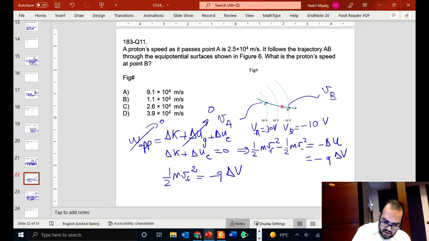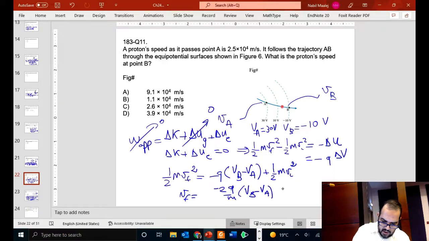and delta V is VB minus VA, plus 1/2 m v initial squared. We multiply by 2 and divide by m, so we get v final equal to the square root of minus 2Q over m times (VB minus VA), plus v initial squared.